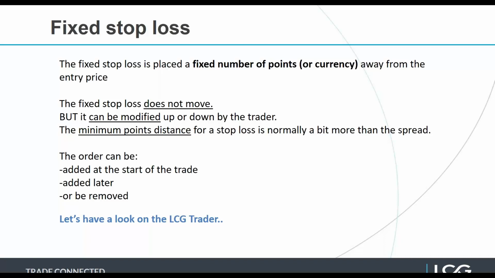I'm sure there are some practical, technical reasons for having a couple of points minimum distance, but I think it's almost saving traders from themselves because there's really no point in a 2-pip stop loss. That's just 50-50 whether that gets hit or not. So a fixed stop can be added at the start of the trade, added later, or be removed.